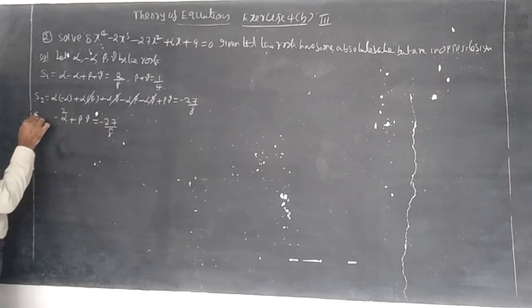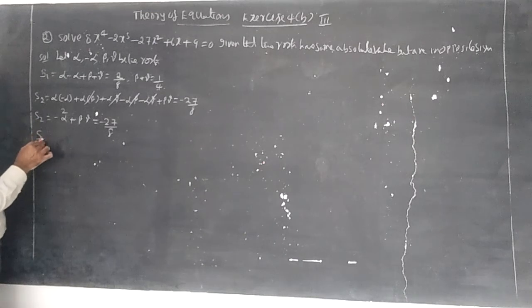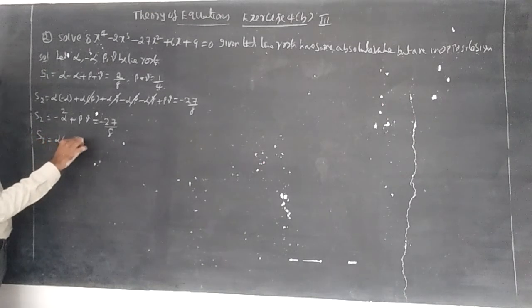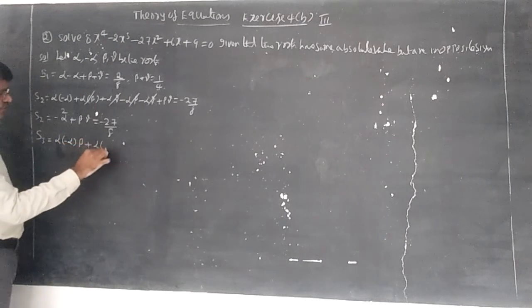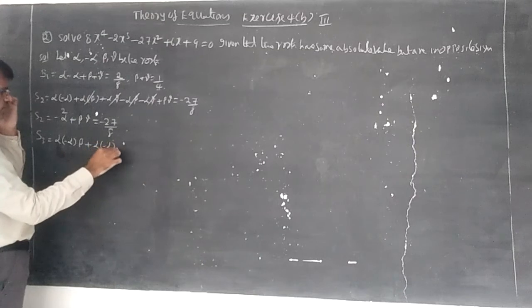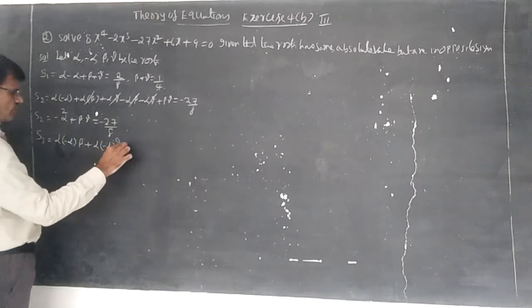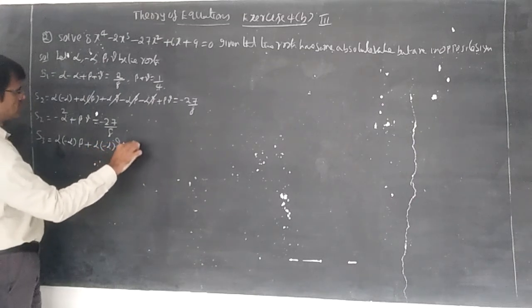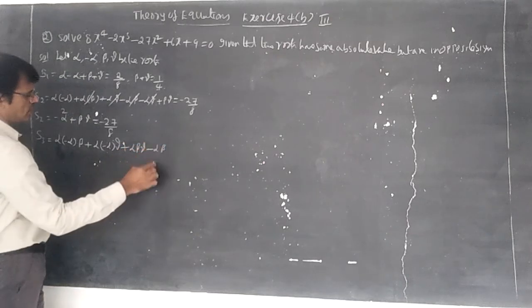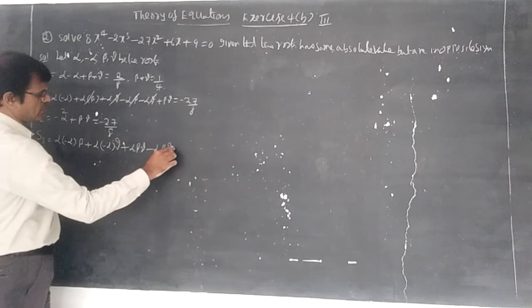This is S2. Now S3: alpha beta gamma, alpha into minus alpha into beta plus alpha beta delta, so alpha into minus alpha into gamma, next alpha gamma delta, so that is alpha beta gamma, next beta gamma delta, so alpha beta gamma.